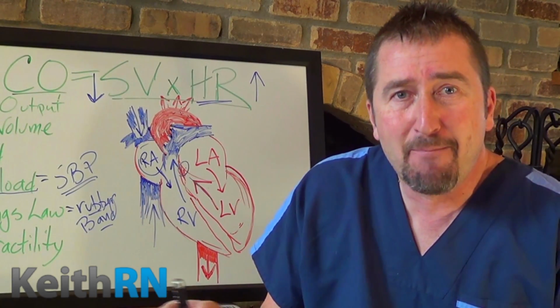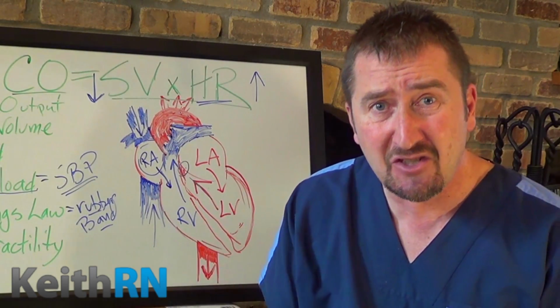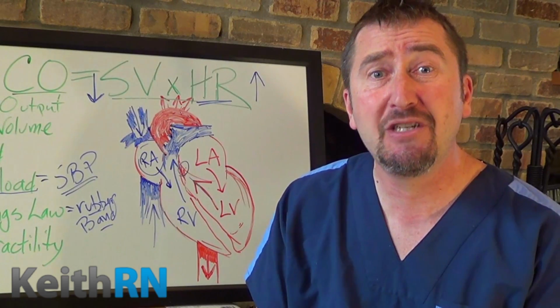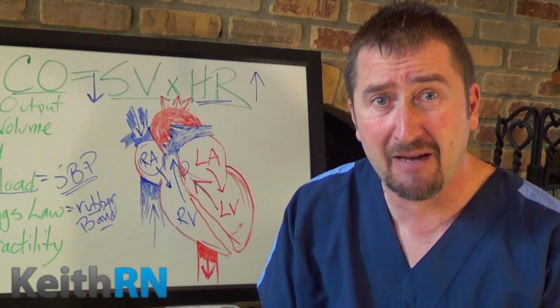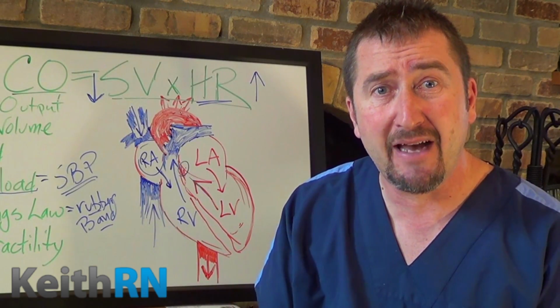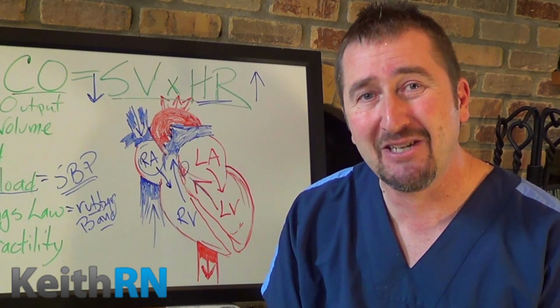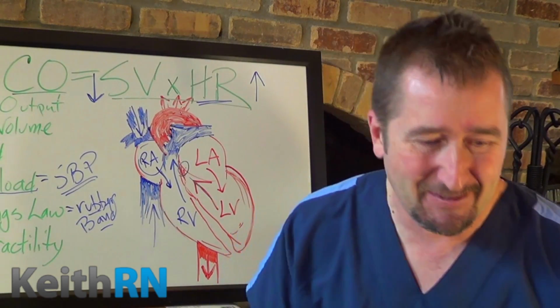So therefore, when you look at medications like calcium channel blockers, if we're blocking calcium, how will that affect contractility? It's going to decrease it. And that's why calcium channel blockers such as diltiazem are always negative inotropic medications that must be used with caution in heart failure patients. And we'll talk about that in the third and final video in this series.